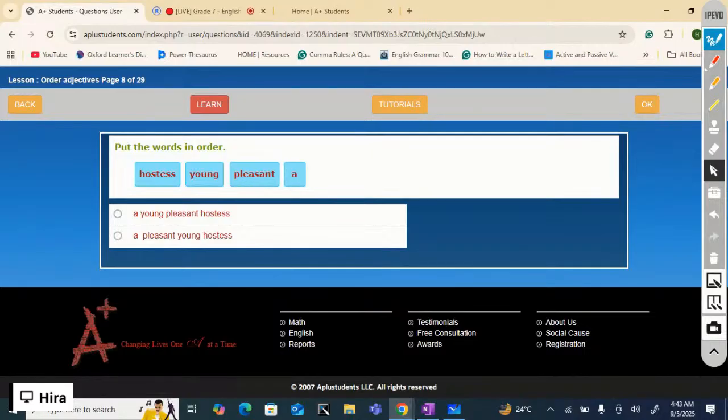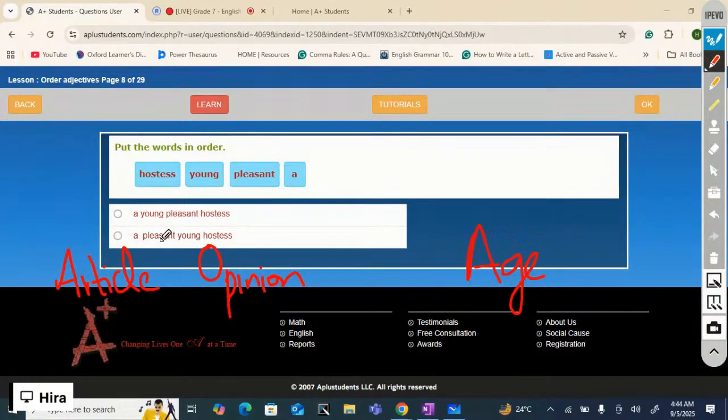If you look at the words pleasant and young, young is about age and pleasant is the opinion. Which comes first, opinion or age? In the sequence, first is article, then opinion, then size, shape, and then comes age.